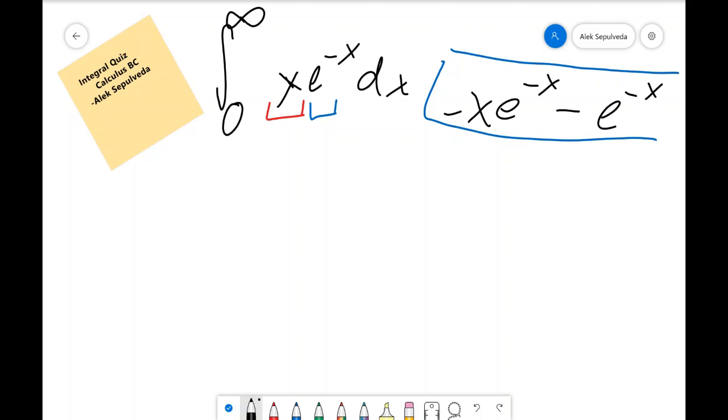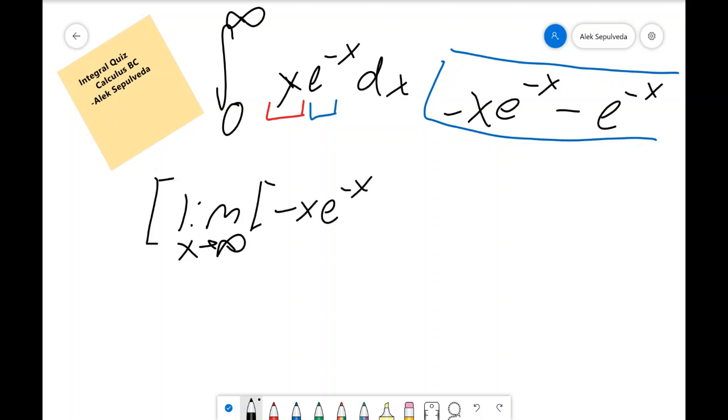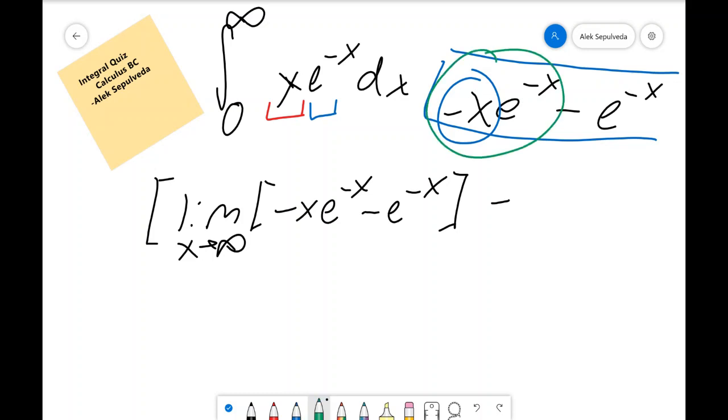So we're going to have the limit as x approaches infinity of negative x e to the negative x minus e to the negative x minus, well, whenever you plug in 1 or 0 into the exponent, it turns the value into 0, or the value to 1, but because of this x, this entire e to the negative x becomes 0, while this other e to the negative x becomes 1. So we're subtracting negative 1.